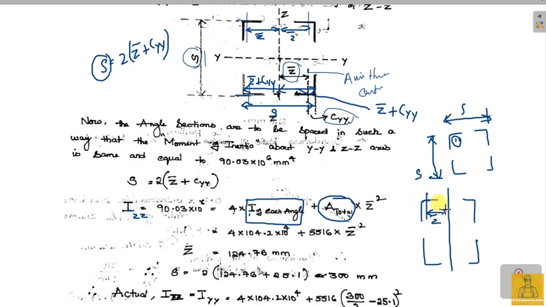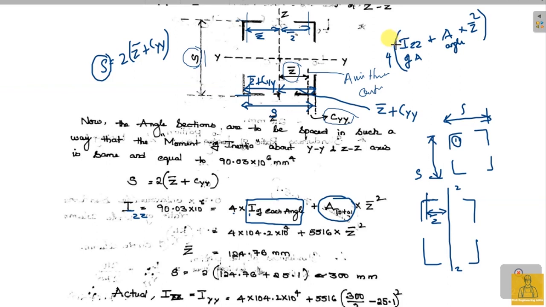So what would be the moment of inertia about this ZZ axis of this angle section? The equation is: moment of inertia about ZZ of the angle section plus area of the angle section into Z bar squared. Isn't it right? We have 4 similar angle sections, so multiplying by 4, we will get the moment of inertia about the ZZ axis of all 4 angle sections of the built-up column.